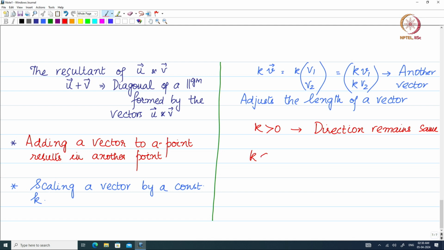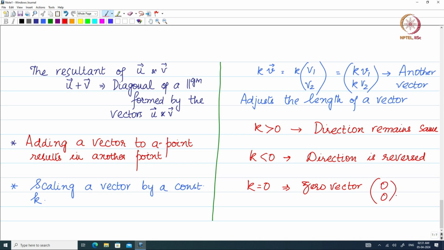If k is less than 0, the direction of the vector reverses. And interestingly, we will see that if k is equal to 0, we end up getting the 0 vector with both the components to be 0 comma 0, right.